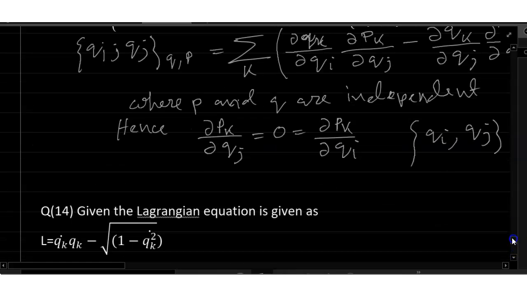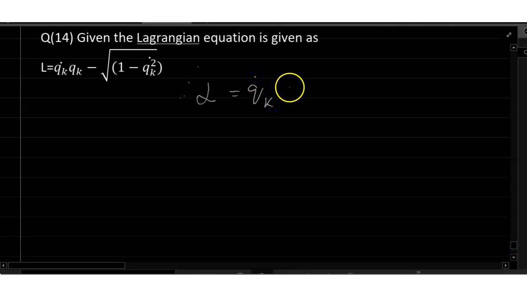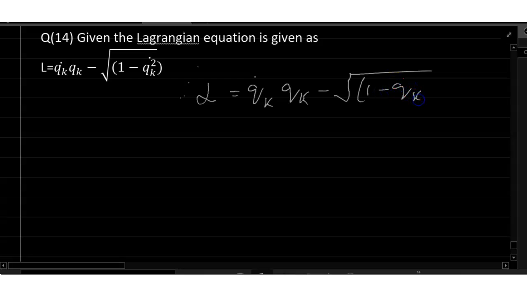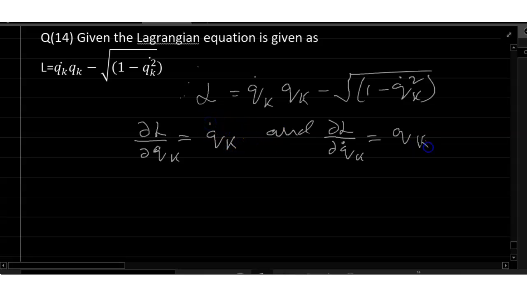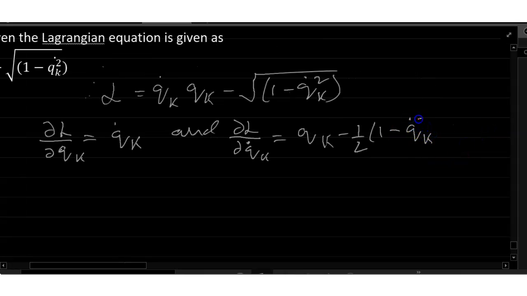Now we are going to differentiate L with respect to q̇_k. This gives q̇_k minus half into the root of (1 minus q̇_k squared) to the power minus half, into minus 2q̇_k, and minus minus becomes plus.